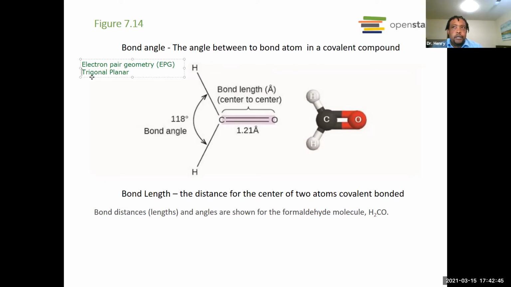Tri meaning 3, planar meaning in the same plane. Its molecular geometry is also going to be trigonal planar, because it has 3 things attached to it and you don't have any lone pair electrons that are shifting the structure.